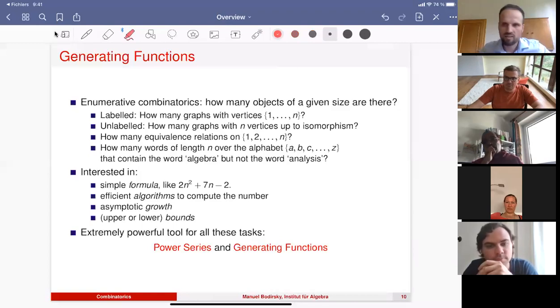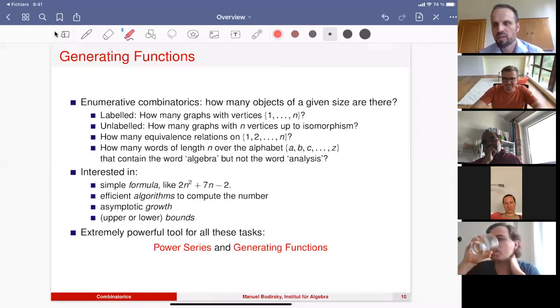And then we can count various things. We can count the number of equivalence relations, or we can count the number of words over the alphabet A, B, C, and so on, which contain the word algebra, but not the word analysis. How many are there? How do we approach this? In general, this of course can be very difficult, but very, very often generating functions are extremely useful here.